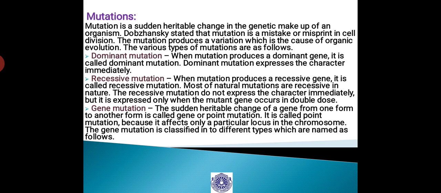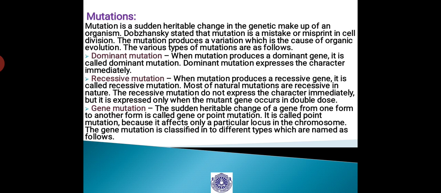And most of natural mutations are recessive in nature, and the recessive mutation does not express the character immediately, unlike it is present in dominant mutations. But it is expressed only when the mutant gene occurs in homozygous condition or in double dose condition, as we have already discussed about this in hemophilia, and in case of color blindness disease.